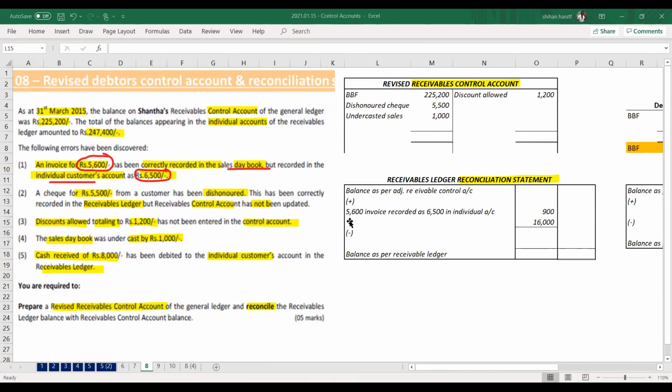So what is the description? Cash received 8,000, debited in individual account.